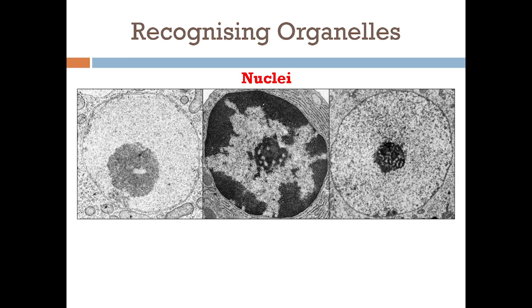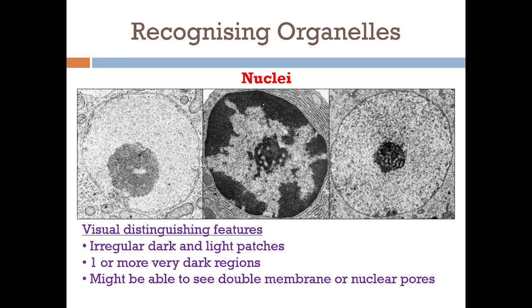So what are some distinguishing features visually in the electron micrographs? You will usually see the nucleus bound by the nuclear envelope. Inside the nuclear envelope, the coloration would be of some darker regions, some lighter regions, in patches. The nucleus in the center is very obvious because the dark patches are really quite dark.